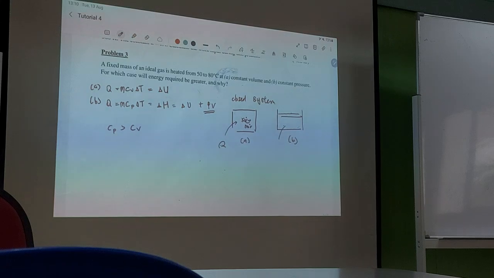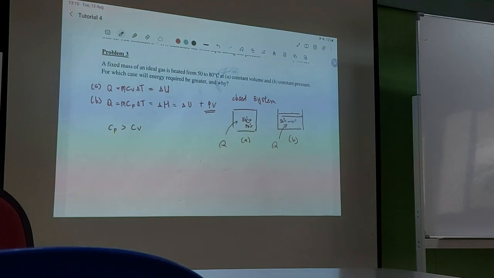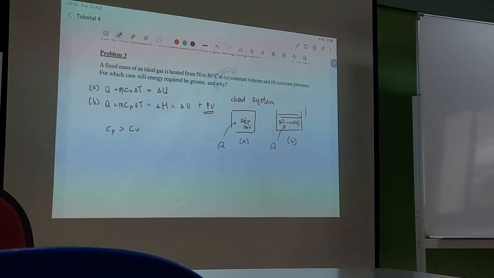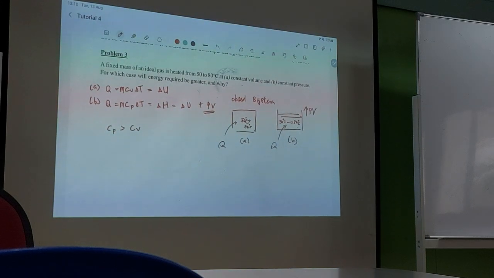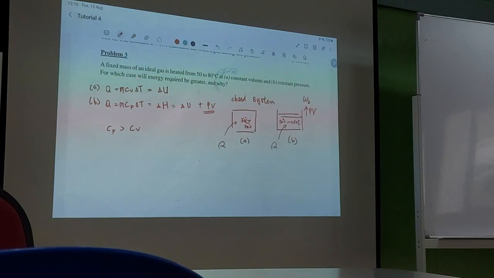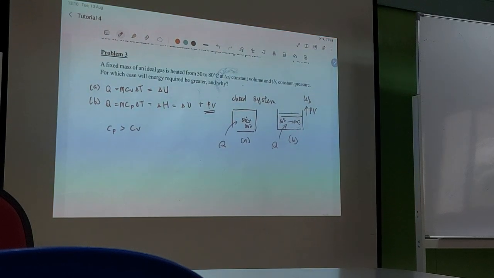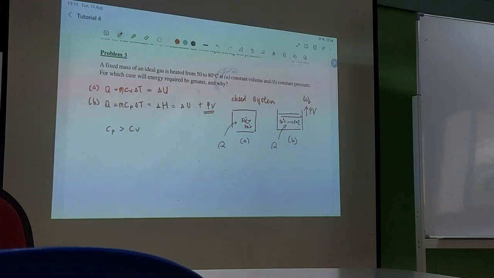But in case B, if you are providing heat, not only are you changing the temperature, you are also trying to overcome the boundary work being done because it will expand. So that's why in case B you will require a higher energy to achieve the same temperature change.